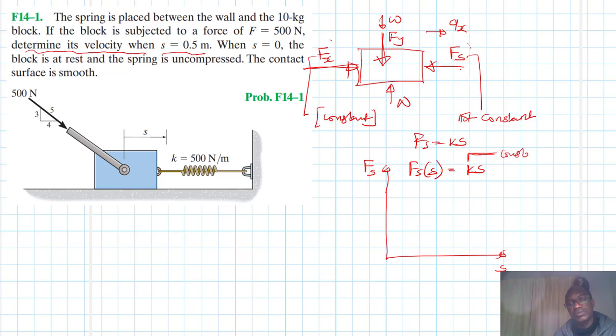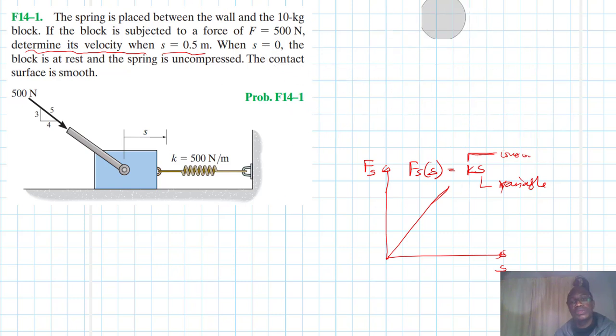K is constant, but S is not constant, it's a variable, it changes. So when S is equal to 0, Fs is 0, so we expect a line starting at the origin, something like that, and of course it will have a positive gradient.